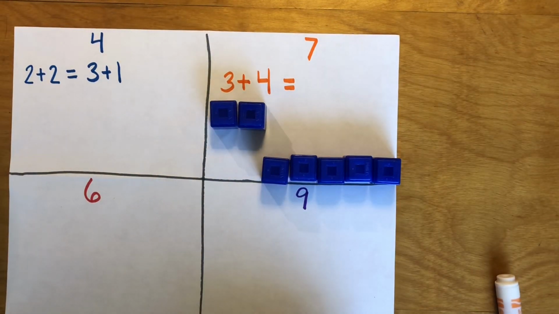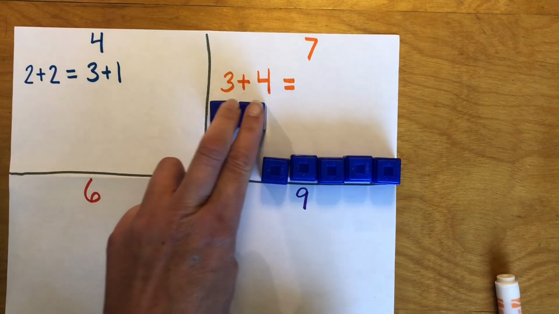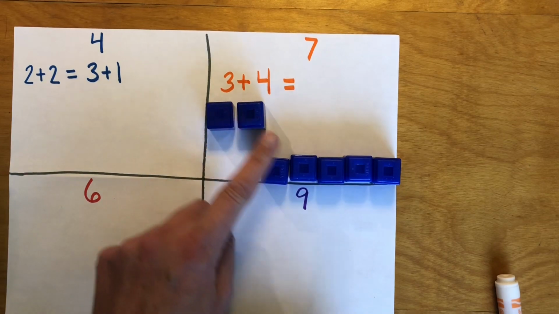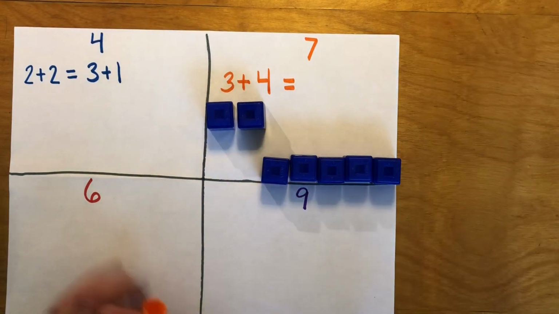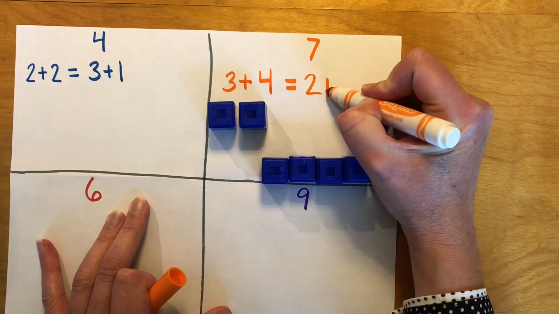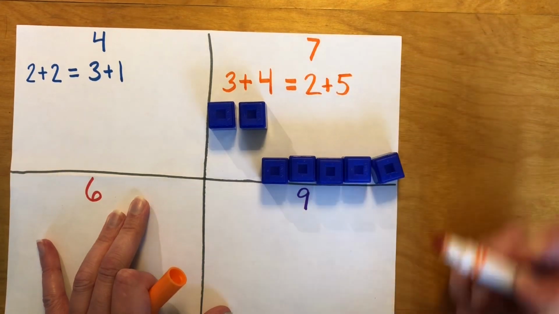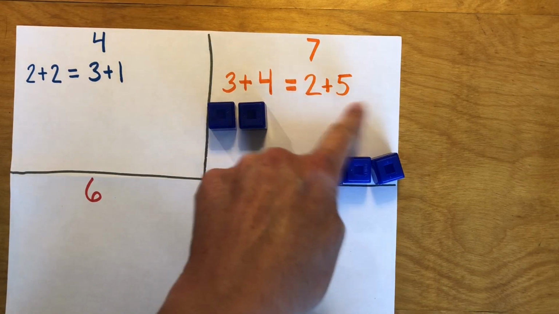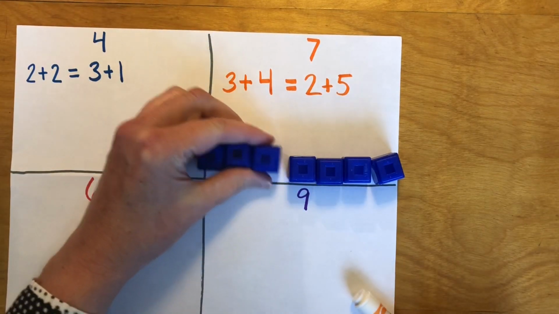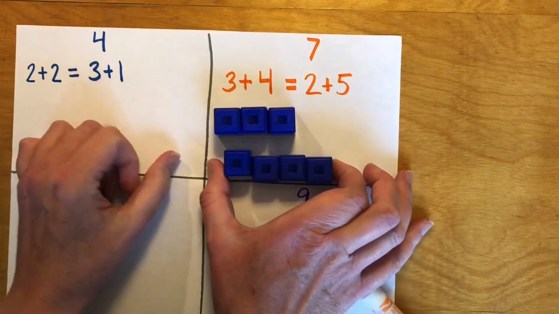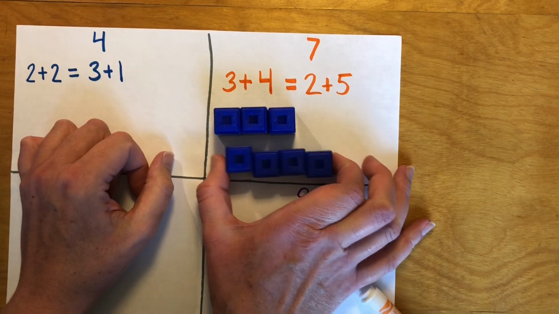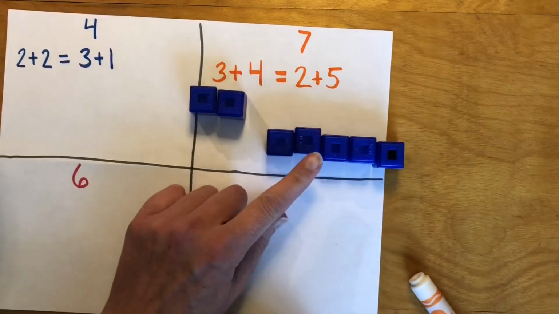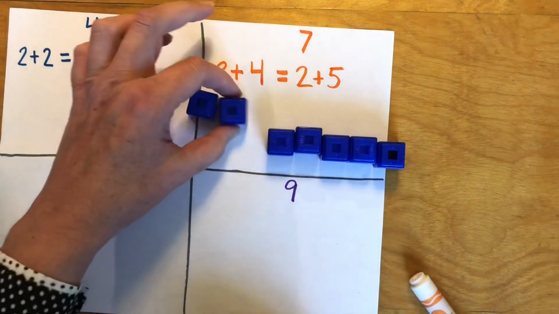There's definitely more than one way we could do it, but here's another way. 2 and 1, 2, 3, 4, 5. 2 and 5 is another way that we could break it up to make 7. 3 plus 4 equals 2 plus 5. So again, here's our 3 and 4. That's one way to make 7. And here is our 2 and 5. Another way to make 7.